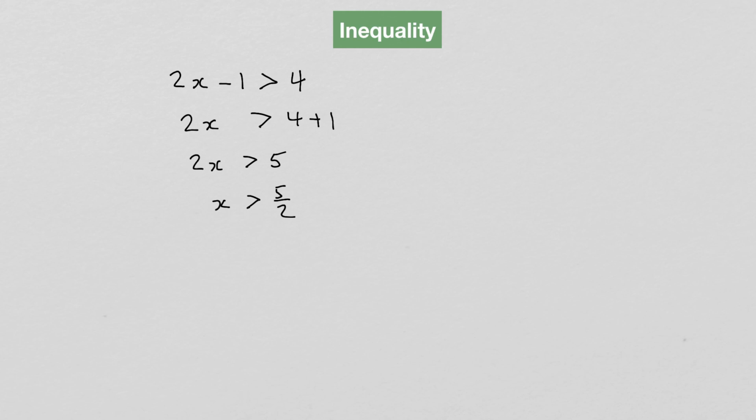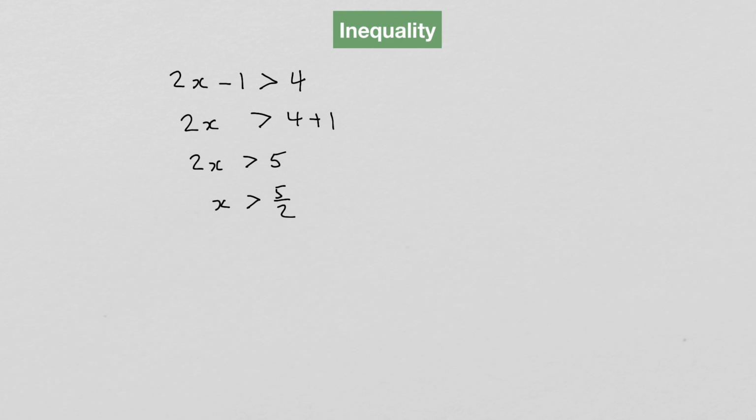But if you take a value less than 5/2, for example, 0, and you plug that in for x, this term disappears, and now we have -1 is greater than 4. So as you can see, that is not true. So you can't plug in a value that is less than 5/2.